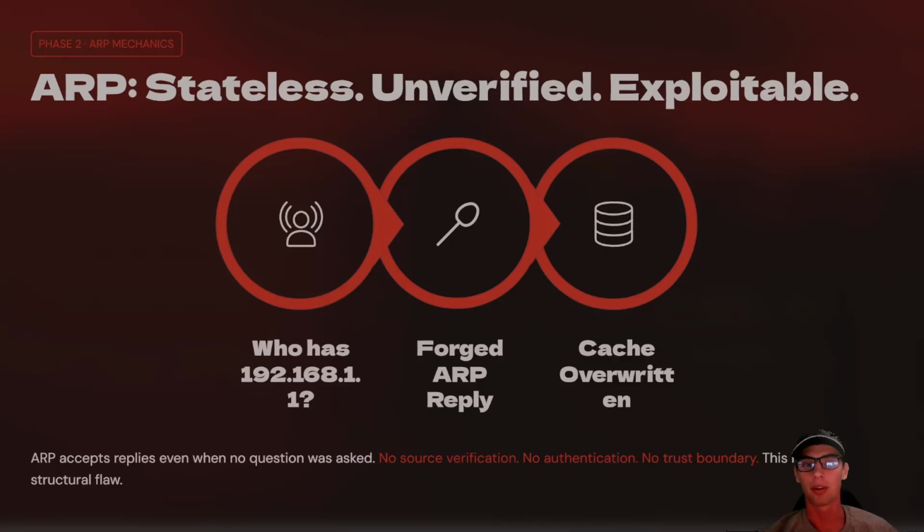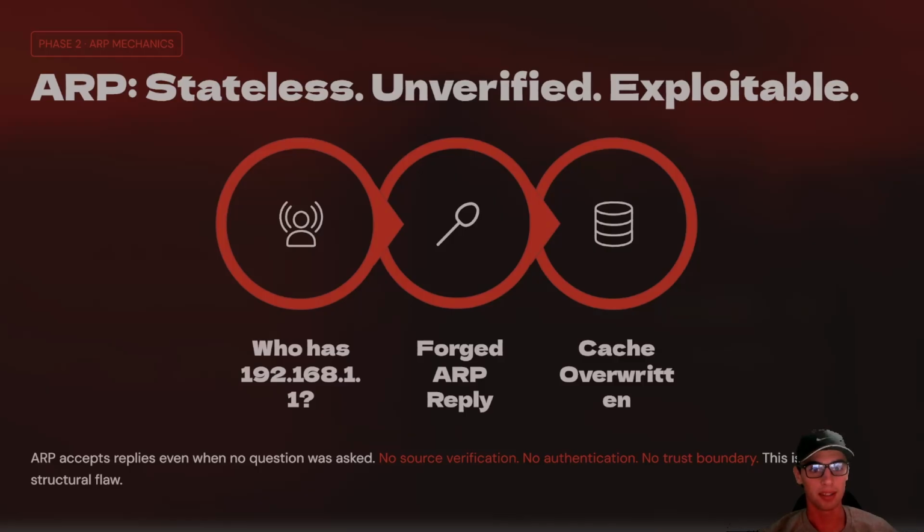When your computer wants to talk to the router, it shouts out to the entire room, hey, who has the IP address of, let's say, for example, 192.168.1.1? Please tell me your physical MAC address. The protocol is built on absolute trust, so it expects that only the true owner of that IP address will reply.